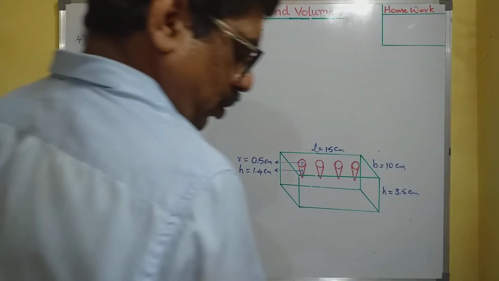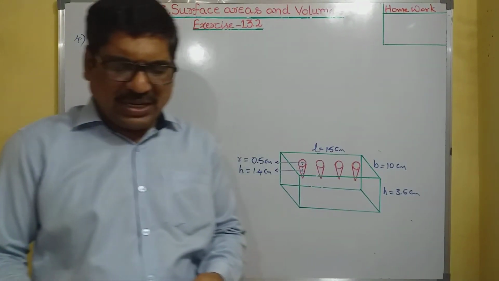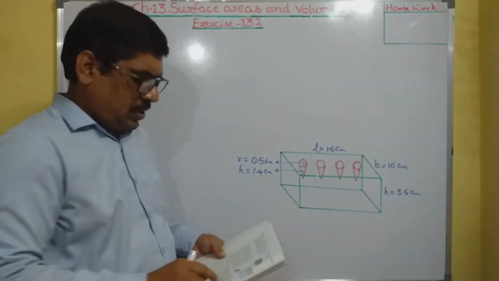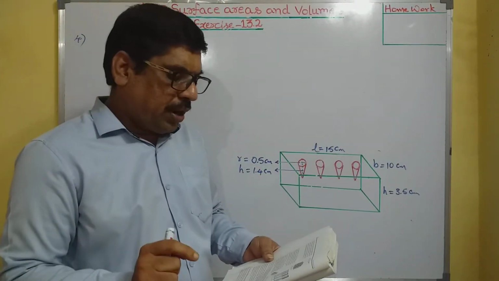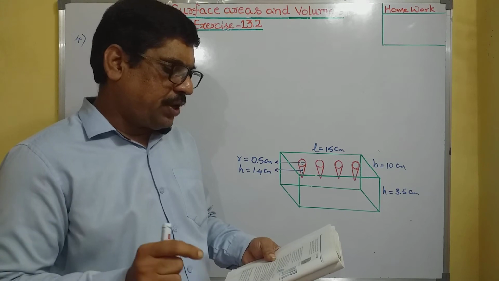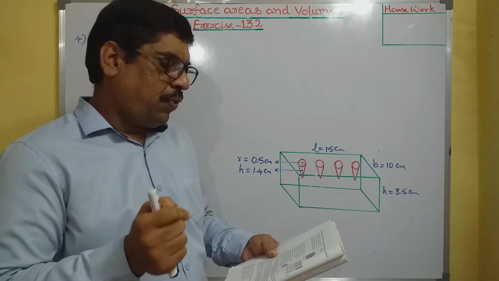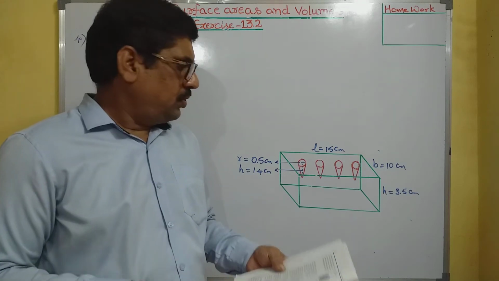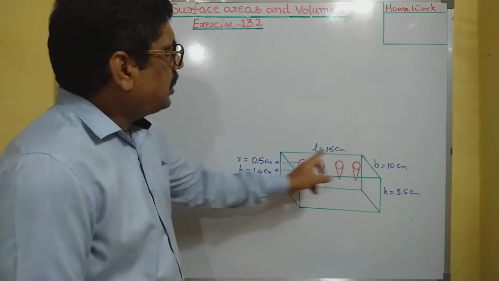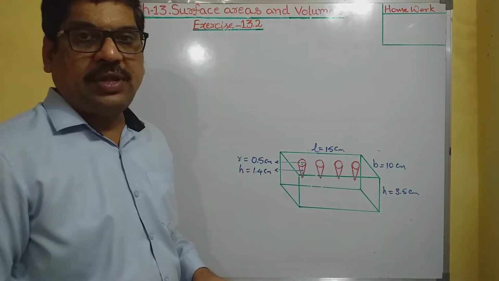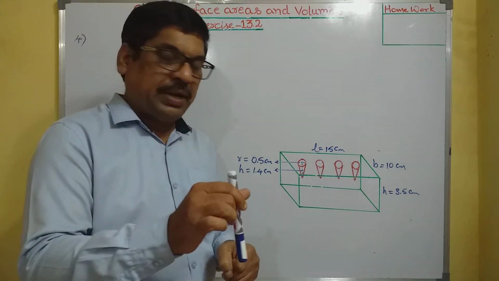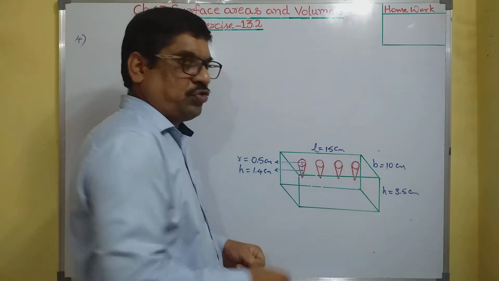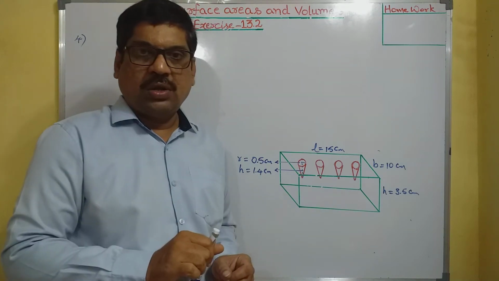Now look at the fourth problem. A pen stand, look at this. A pen stand made up of wood is in the shape of a cuboid with 4 conical depressions to hold pens. See, look at this. Here a cuboid shaped pen stand is there to keep the pens. Here there are 4 holes in the shape of cones.